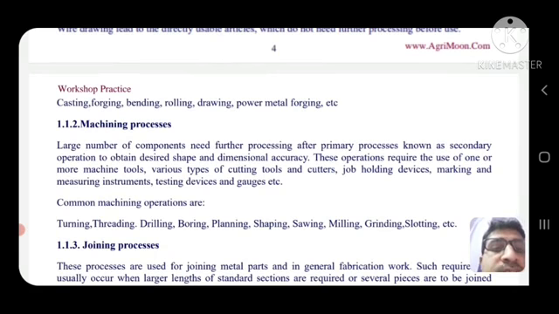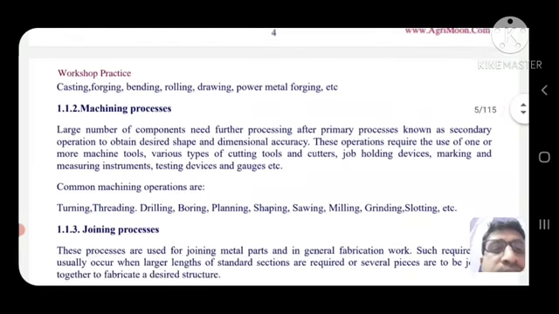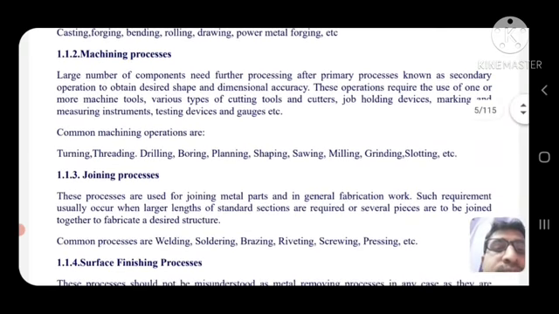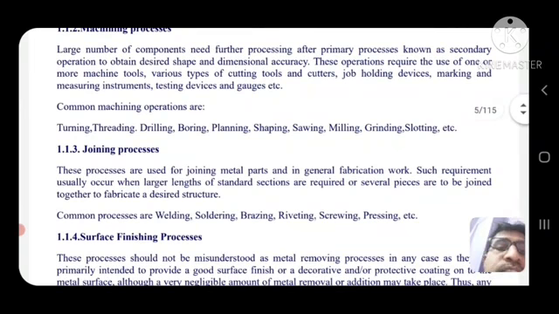Common machining operations are turning, threading, drilling, boring, planing, shaping, sawing, milling, grinding and slotting. In the lathe: turning, threading. Joining processes. These processes are used for joining metal parts.